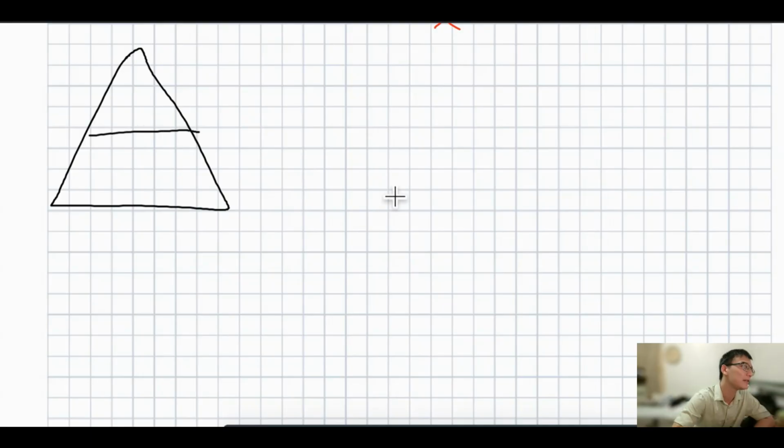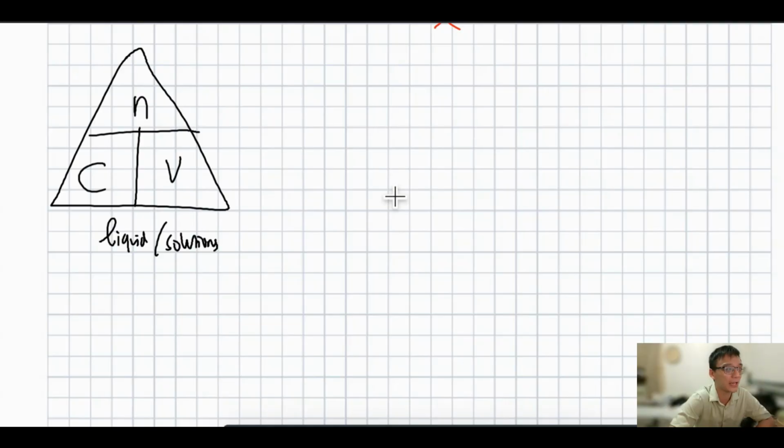The concentration triangle, the symbol, in order to not confuse it with mass, it's actually C for concentration, which is mole over volume. And typically, this is in liquid or solution.